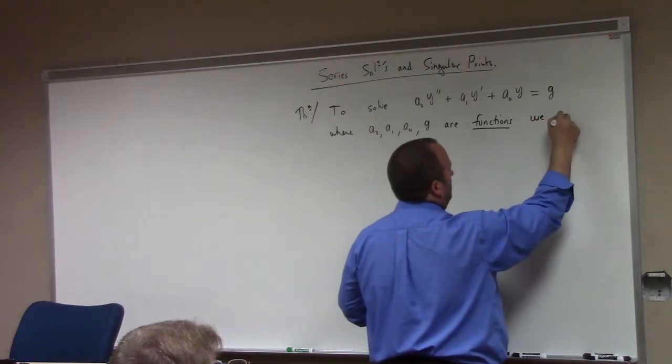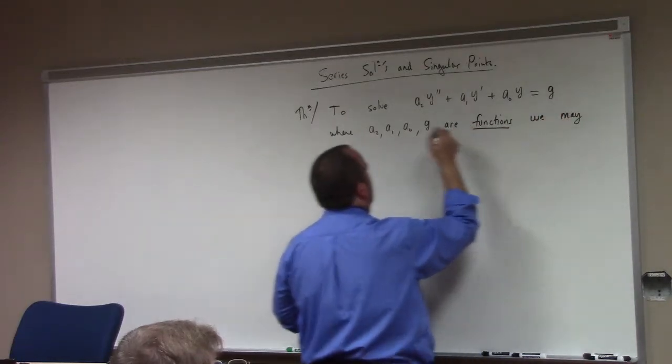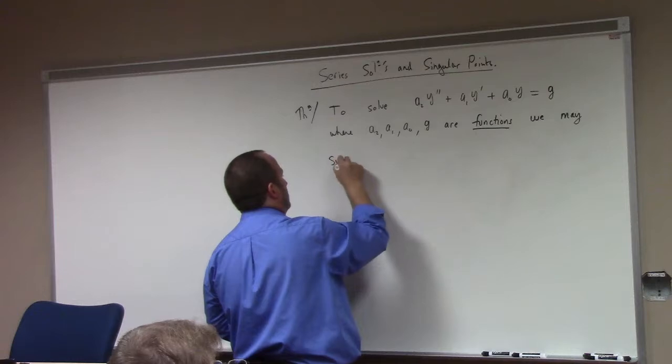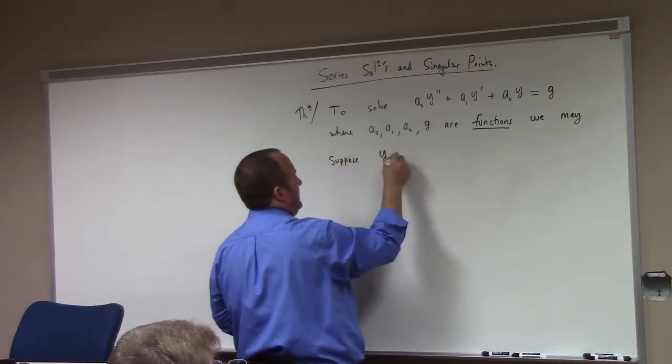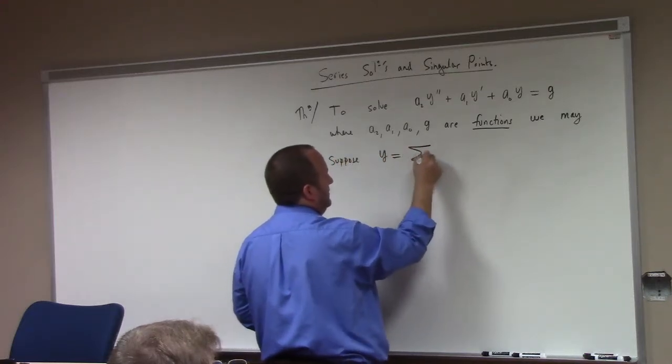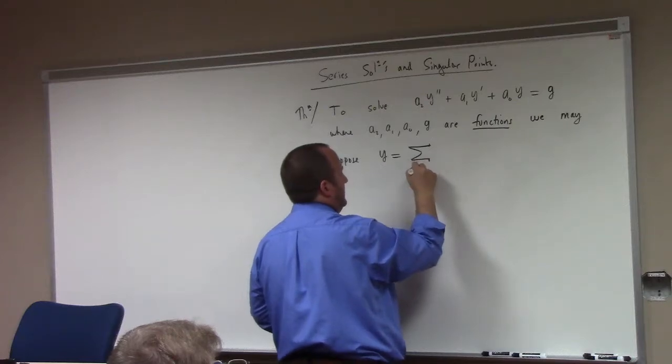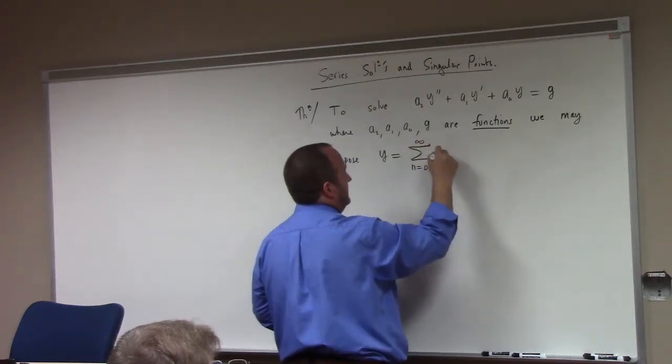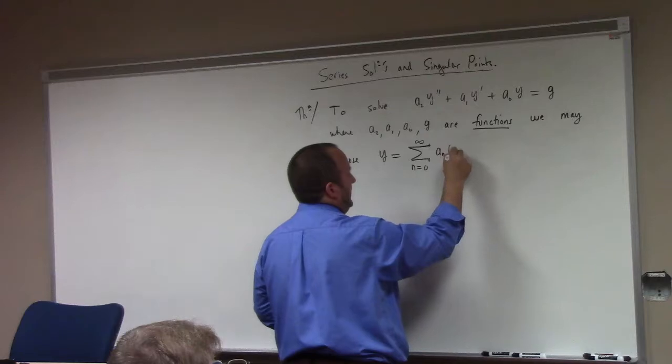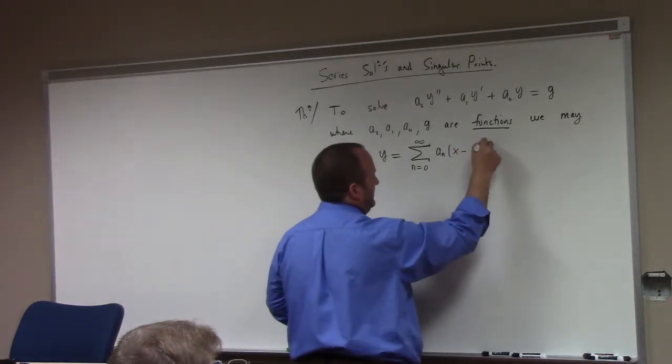We may suppose y is equal to a sum, n equals 0 to infinity of a sub n times x minus x naught to the n.